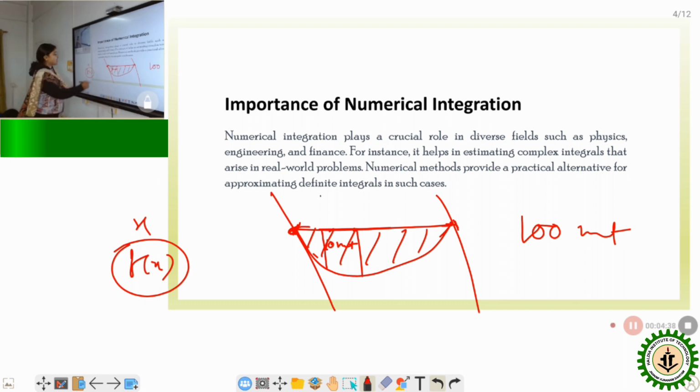What we have are the values of x and the corresponding values of f(x). So in that case, numerical integration is very important. We can use numerical integration to find the cross-sectional area where the analytical method fails. So this is very important.